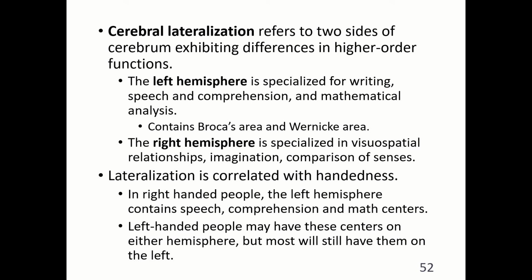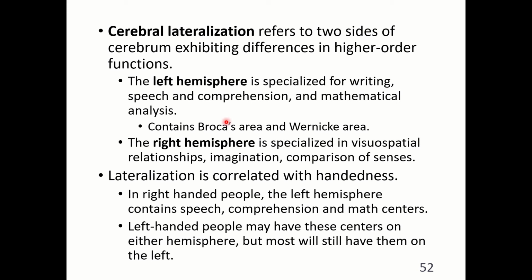Cerebral lateralization refers to two sides of the cerebrum exhibiting differences in higher order function. So this is your left brain, right brain, personality stuff that you love to hear about. The left hemisphere is specialized for writing, speech and comprehension, and mathematical analysis. The left hemisphere generally contains Broca's area and Wernicke's area.